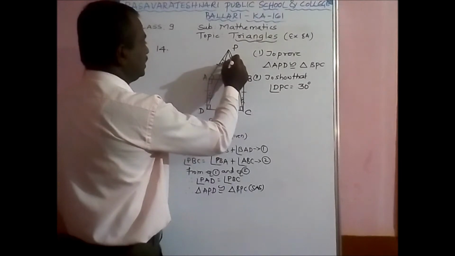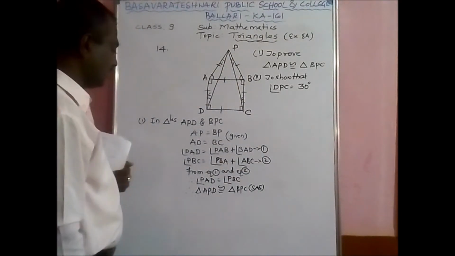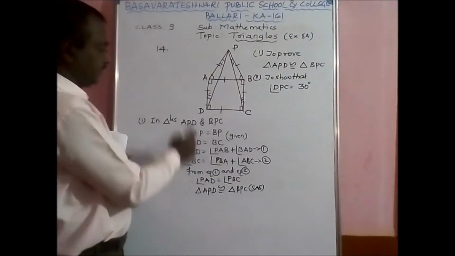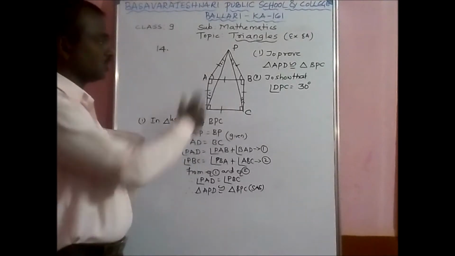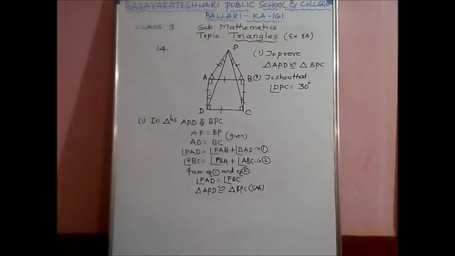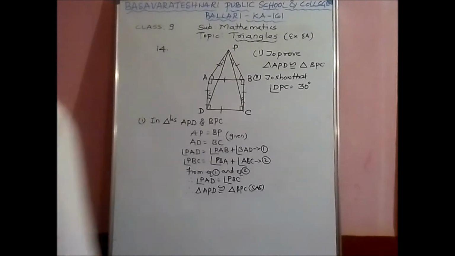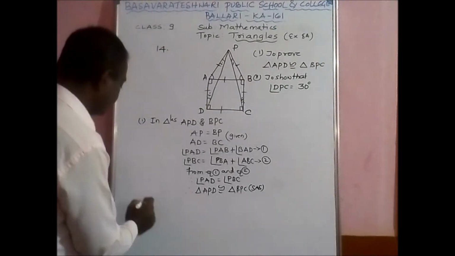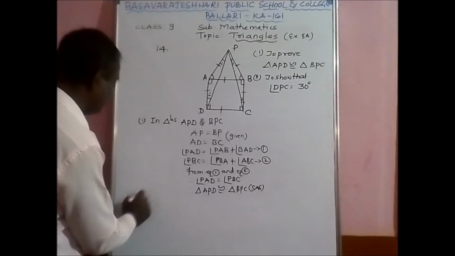This is also y degree, this is also y degree. Now, note down this first, then I will go to the second part. Observe here, I will start the second part here.